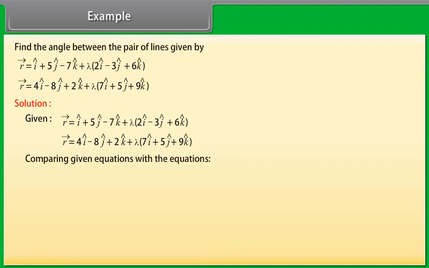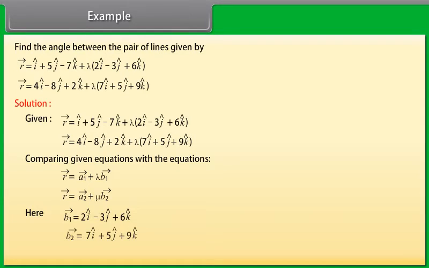Comparing the given equations with the equations vector r equals vector a1 plus lambda vector b1, and vector r equals vector a2 plus mu vector b2. Here, vector b1 equals 2i minus 3j plus 6k, and vector b2 is equal to 7i plus 5j plus 9k.